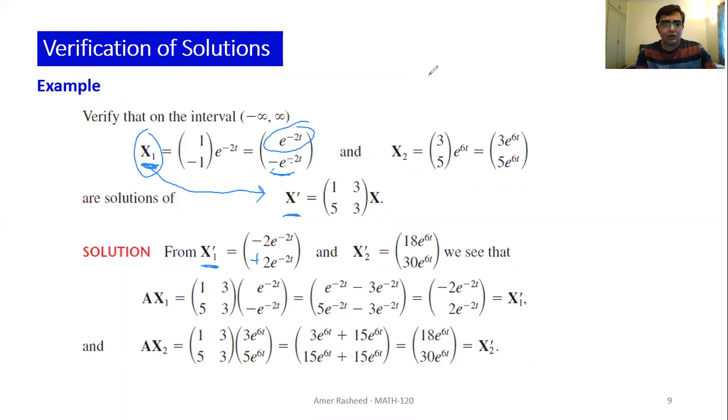Similarly, we need the derivative of x2, which is 18 e raised to power 6t and 30 e raised to power 6t. Now we have the derivatives.